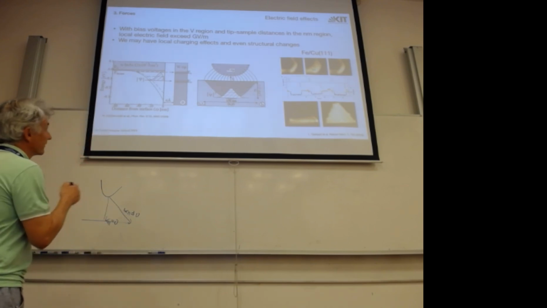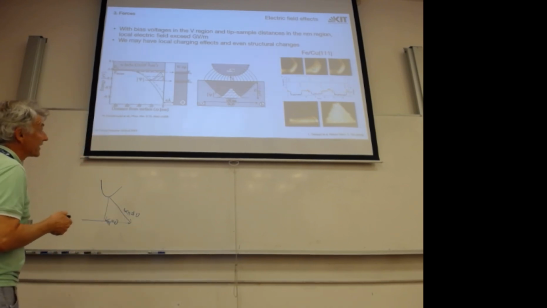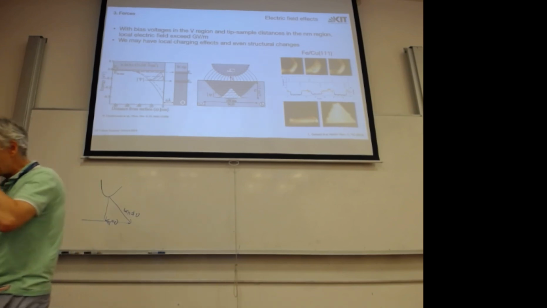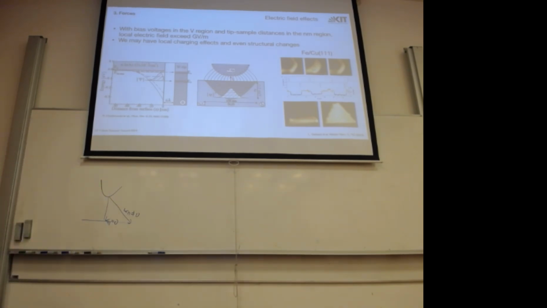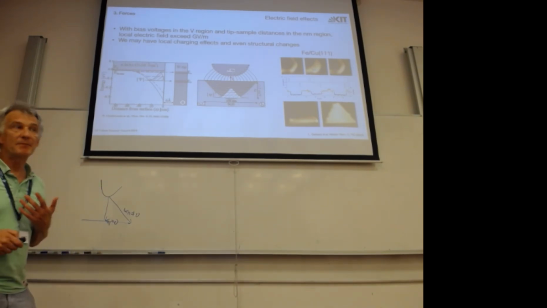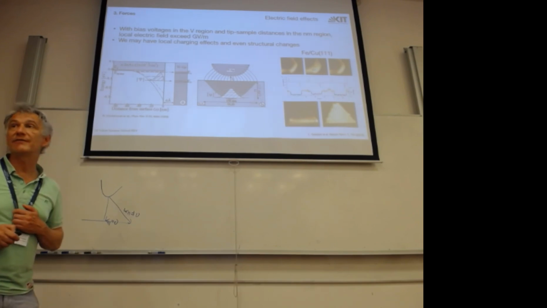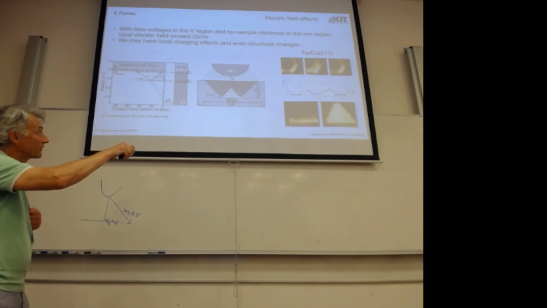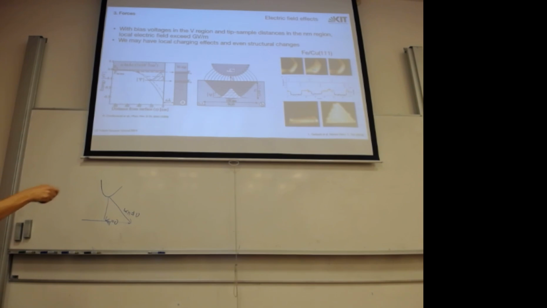First of all, a very often found effect is on semiconductors. On semiconductors the carrier density is low, which means the conduction band cannot screen electric fields very well. We get band bending. So we park a tip in front of a semiconductor, let's say it's n-doped, and we apply a positive voltage. We lower the potential of the electrons at the surface.